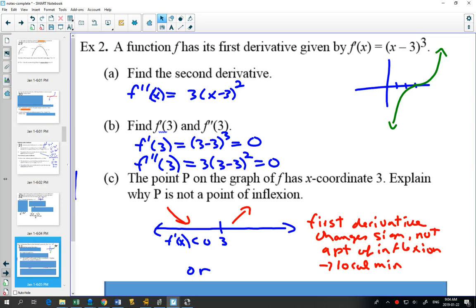If we look at our sign diagram with the first derivative, at x equals 3, it changes from decreasing to increasing. And so that means from the first derivative, it's a minimum. If something is a minimum, it doesn't change concavity.